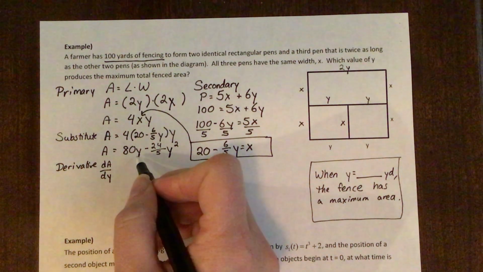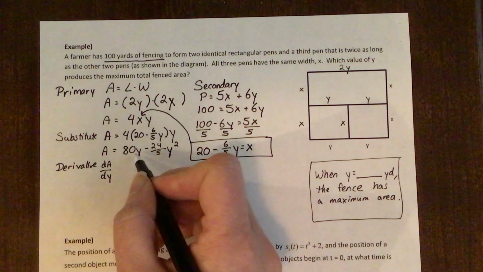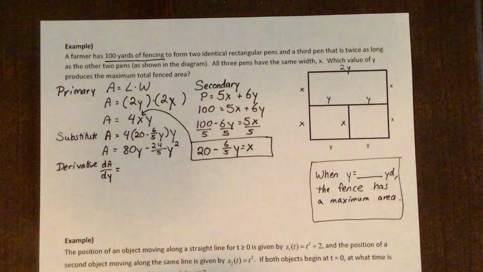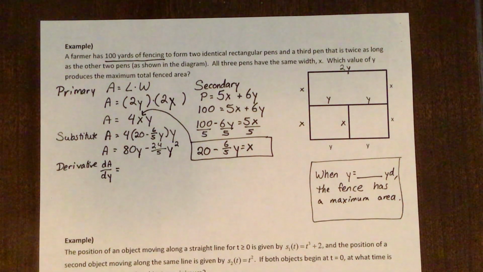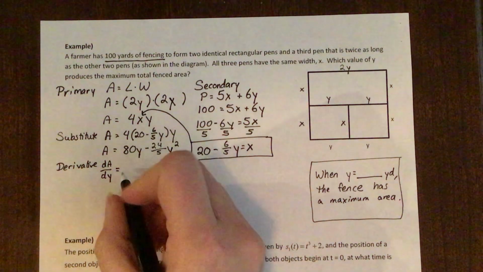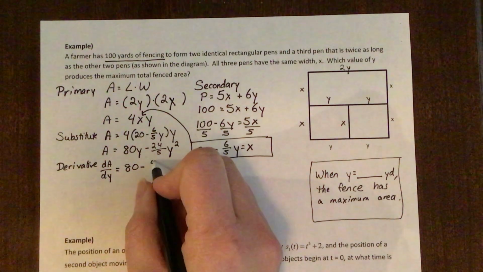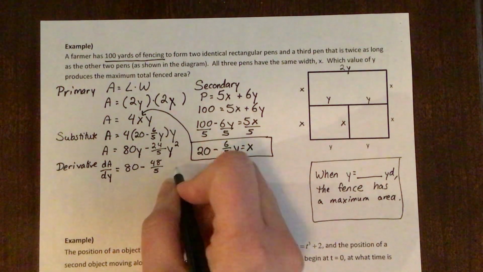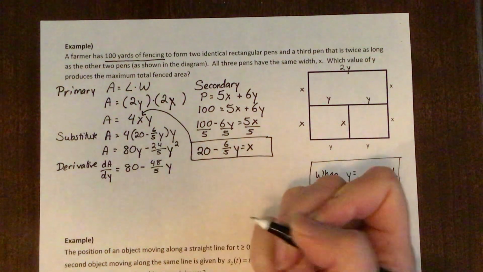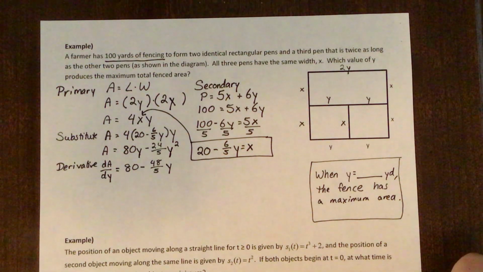Here we're taking the derivative with respect to y, so the y's are going to feel normal. They're not going to have dy dy's. Okay, so 80y's derivative is 80, minus 2 times 24 is 48 fifths y to the first power, so that's just y.